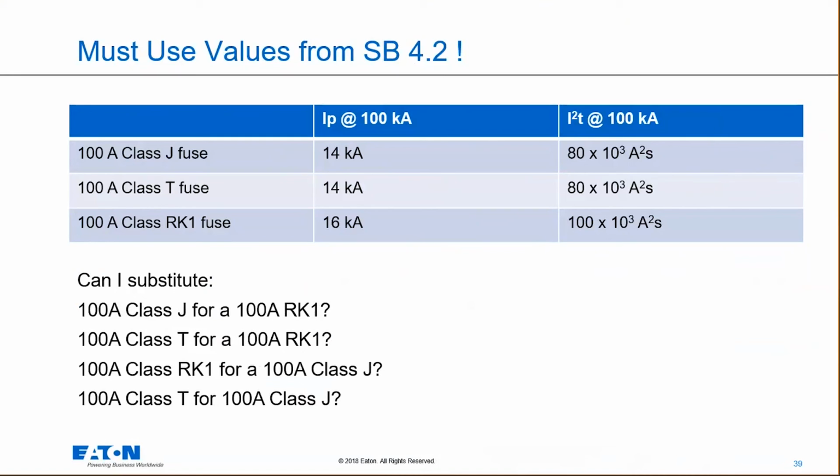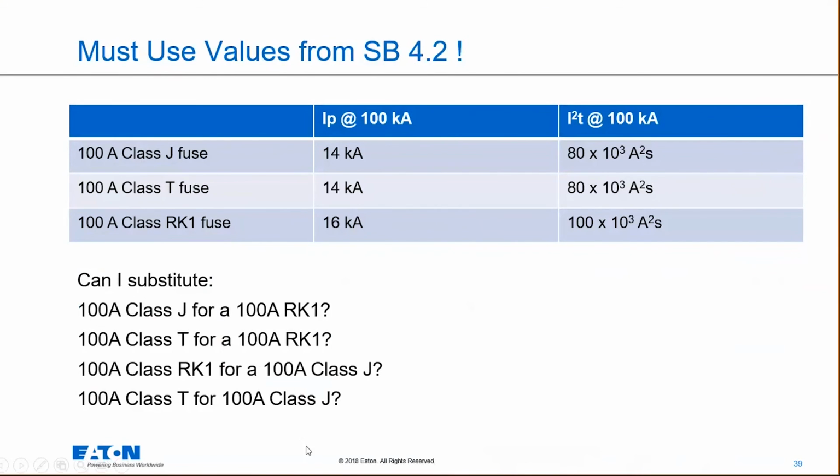When we look at substituting fuses in the field, if there is a component that was marked for use with, let's say, an RK1, can I substitute a 100 amp Class J for a 100 amp RK1? Maybe I have an old NEMA contactor, and they tested it to get a high fault rating with a 100 amp RK1. Can I use a Class J fuse?